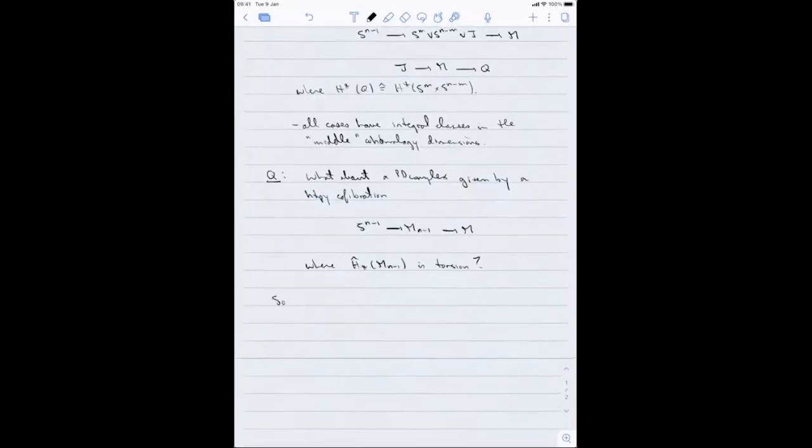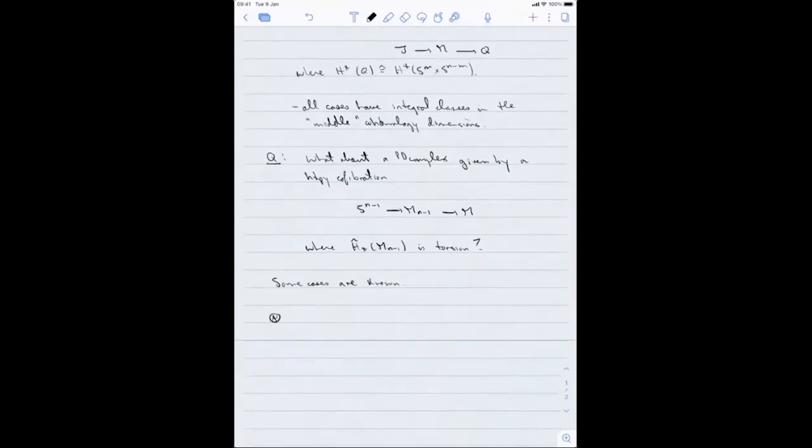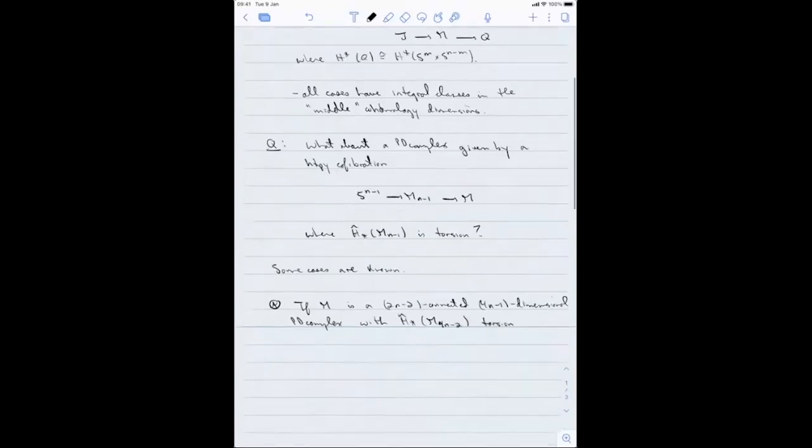Well, some cases are known. One is if M is a 2n-2 connected, 4n-1 dimensional Poincaré duality complex, with this 4n-2 skeleton having torsion in homology.